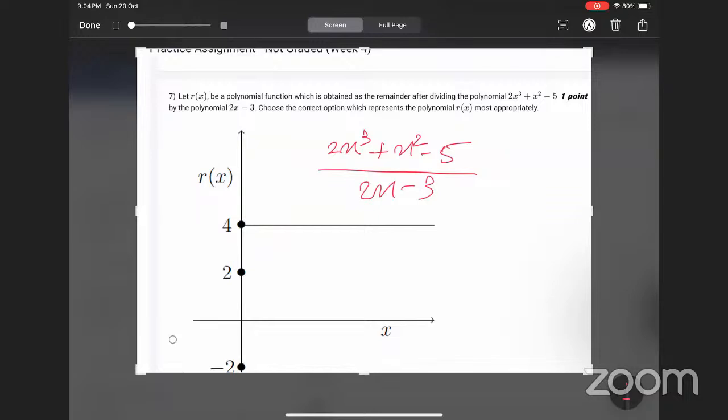What is this? Okay, let us avoid it right now. Let us focus on the problem solving. So yeah, what will be the remainder?